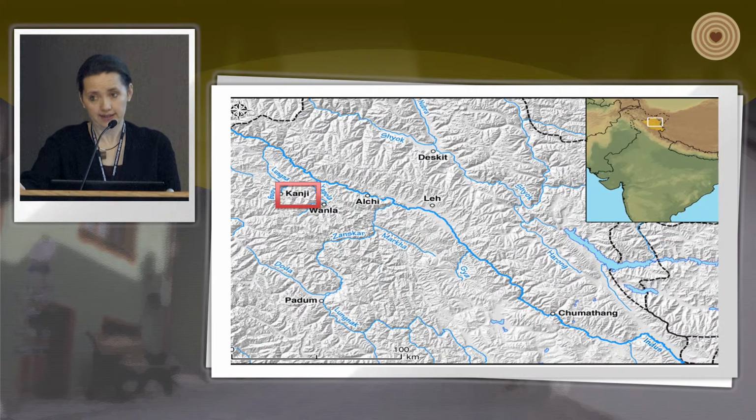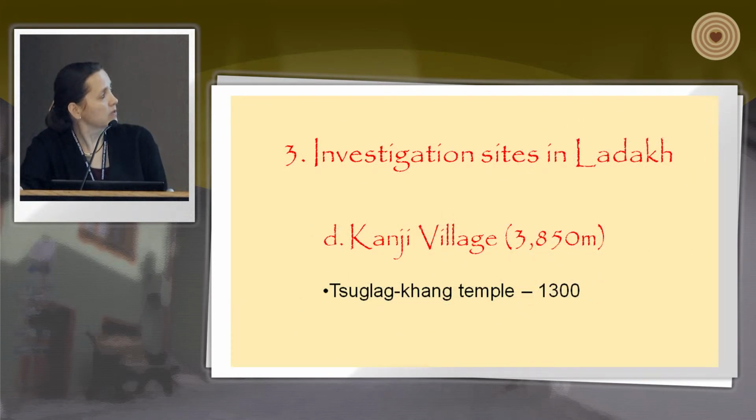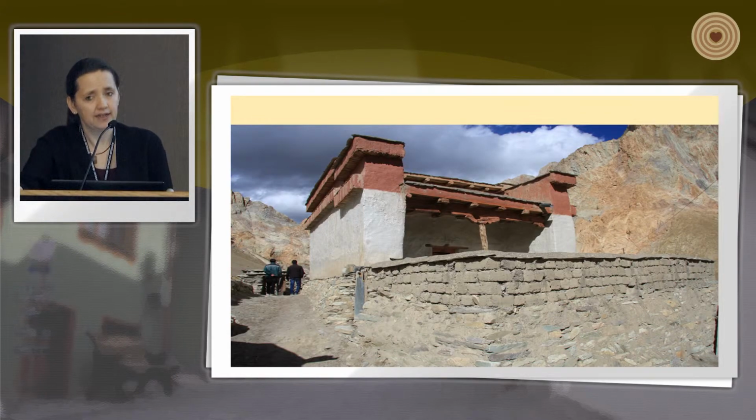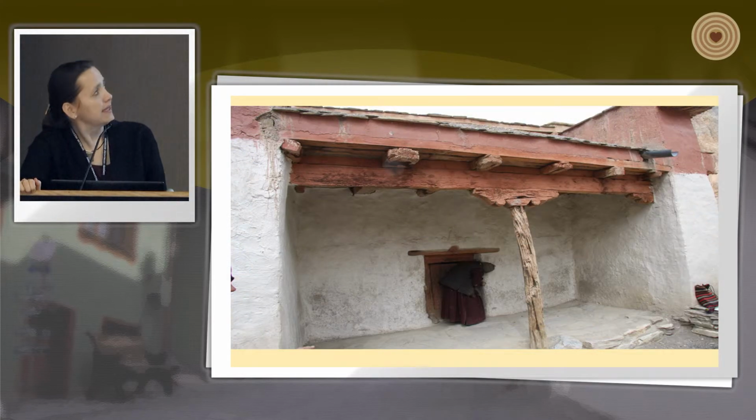Then we go again down the river and up again to this Kanji village, on the Kong River. This small confluent of the Indus River is the Kong River, and we go to the Kanji village. On the way to that village, there is a very tiny temple, and all was juniper, inside and outside.